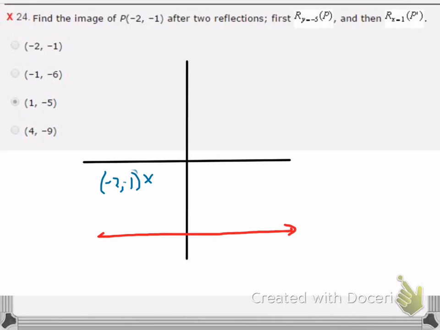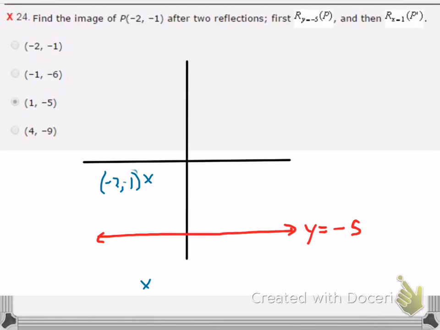So here's the line y equals -5. Obviously our point is going to go from up here to somewhere down here, but how do we determine where that is? Because we're reflecting it across that line.